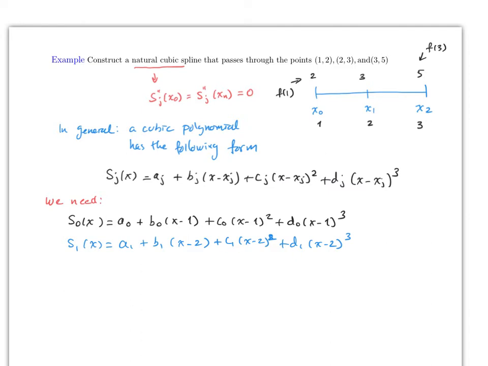So in general, it's going to be 4n variables that you need to figure out. Here n is equal to 2, so therefore we need to find 8 variables.